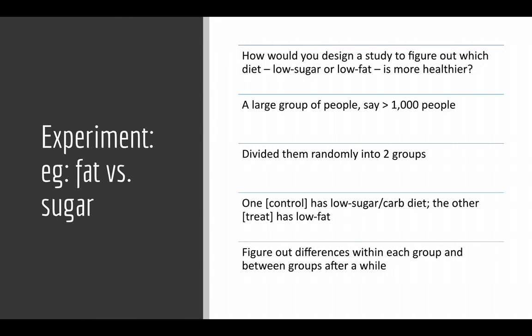Then after a month or two or several months, you measure a set of different health outcomes, like BMI, heart rate, etc. So you figure out the difference between groups after a while, and you'll understand which diet is actually healthier.